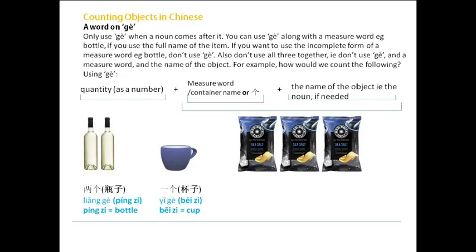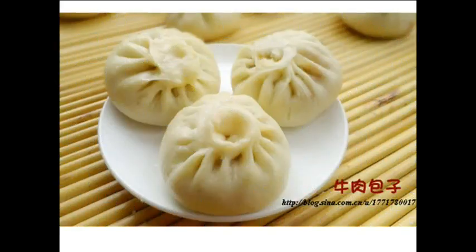For the 3 packets of chips, you can say 三包, 包 meaning pack, and 三 obviously is 3. But remember, 包子 is not the full name of packet, because 包子 is steamed stuffed buns, and here on the bottom right hand corner it tells you that these are beef steamed stuffed buns.